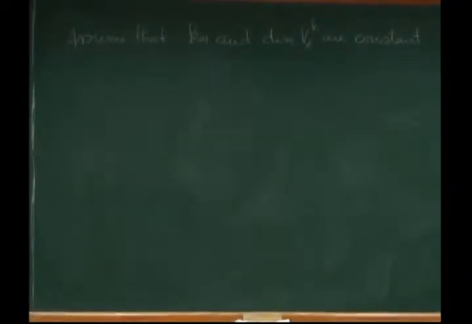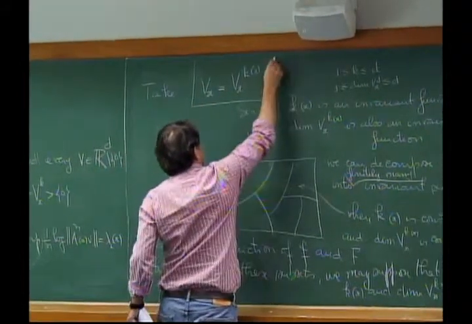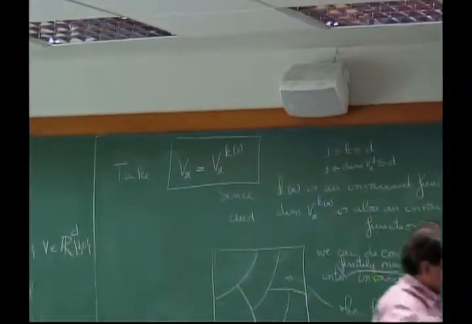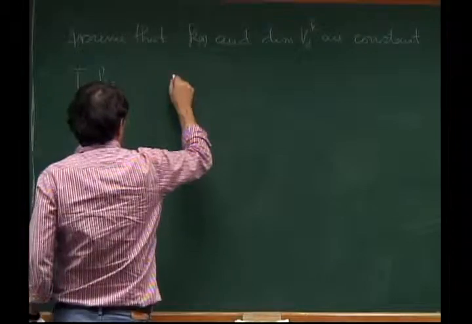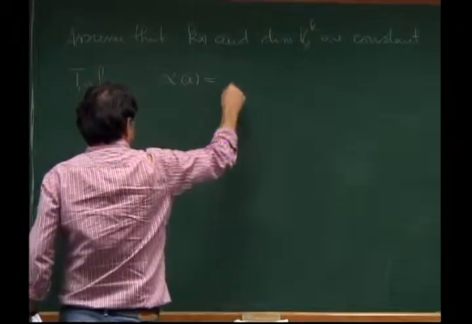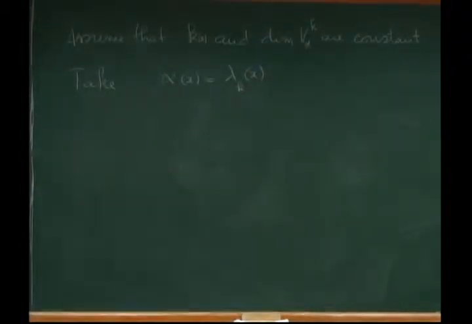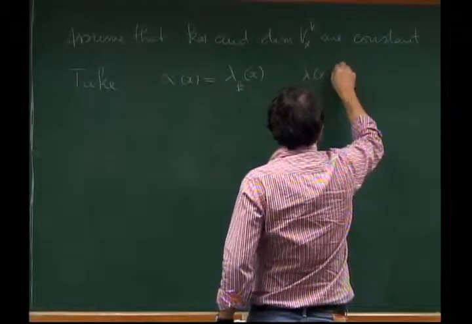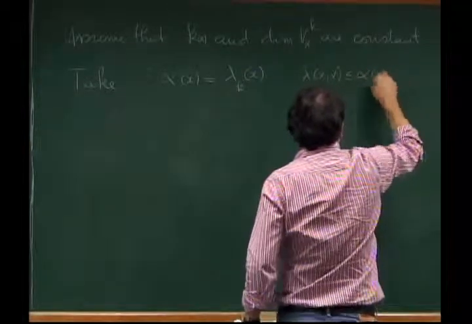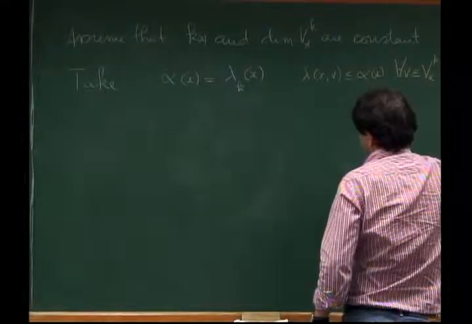Okay? I'm going to use this proposition with this choice of the subbundle. It's a measurable invariant subbundle. I have to say which alpha and which beta I want to take. And I will take alpha(x) equals lambda_k(x). Notice that lambda(x, v) is less or equal than alpha(x) for every v in V^k, because that's the definition of V^k.